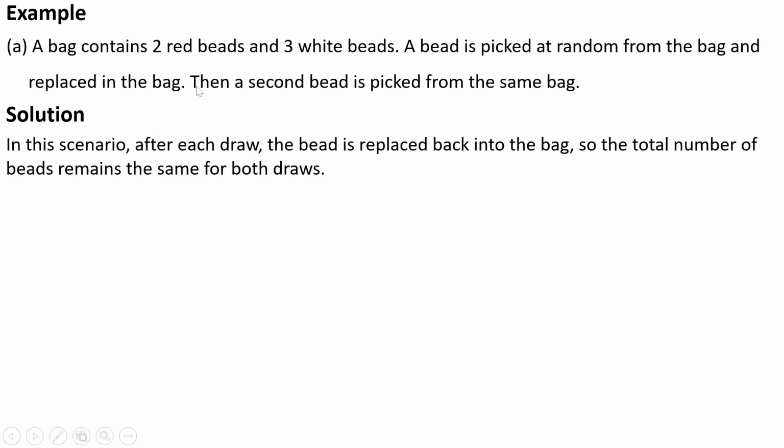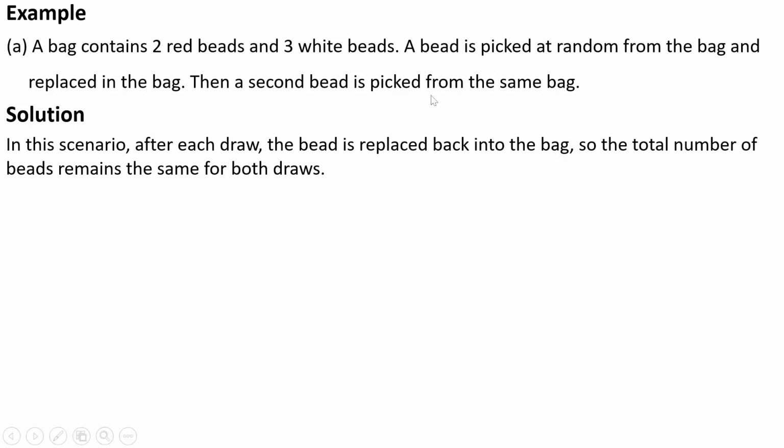Then a second bead is picked from the same bag. So the second pick and the first pick have the same probabilities. Why? Because in the first instance, when a bead is picked for the first time, it is replaced back in the bag.